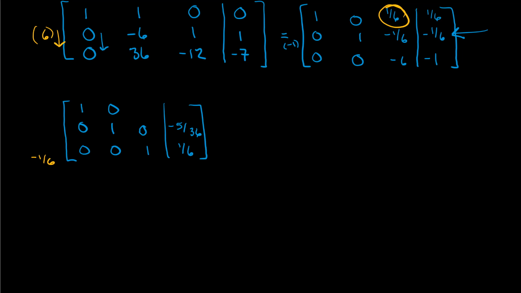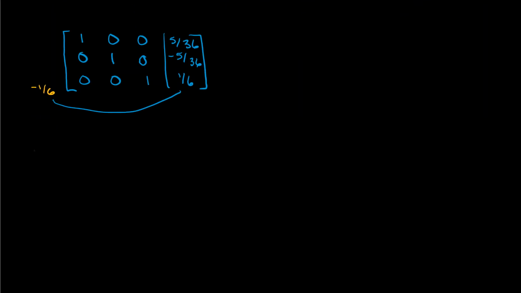Now I take the negative 1/6 times the 1, which is a negative 1/6, but I'm going to add it to the positive 1/6 that's circled in yellow, which will give a 0. So there's that. And the last thing we're going to do here is we're going to have a negative 1 over 36 plus, up here in the right-hand corner, 1/6. Well, that's 6 over 36 minus 1 over 36 gives a positive 5 over 36.